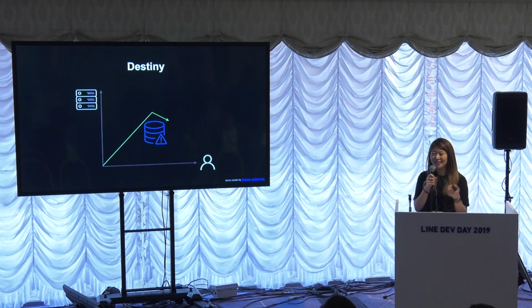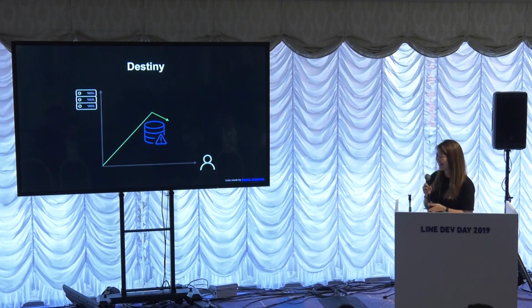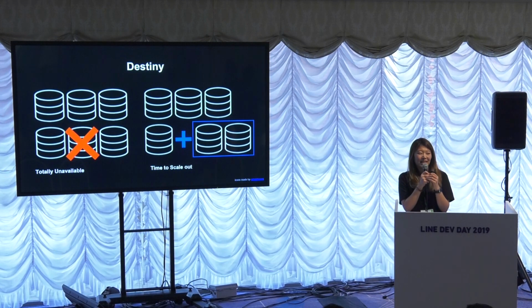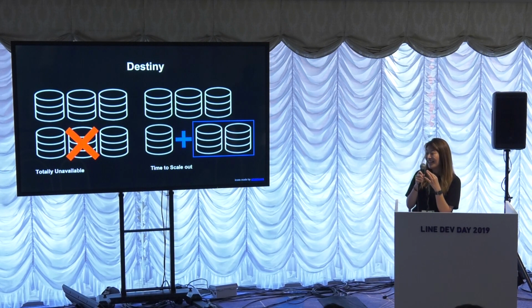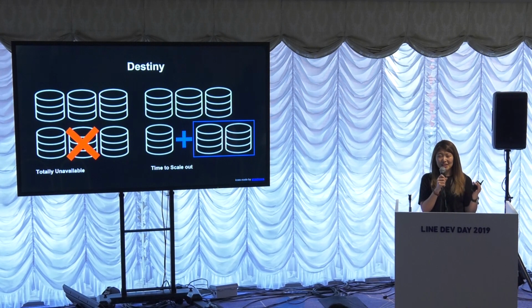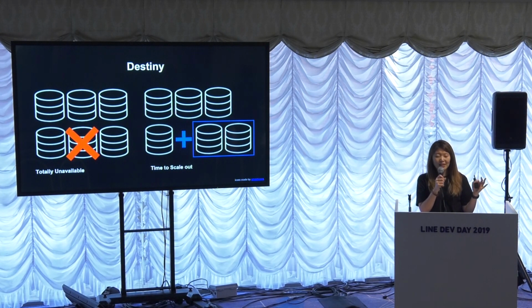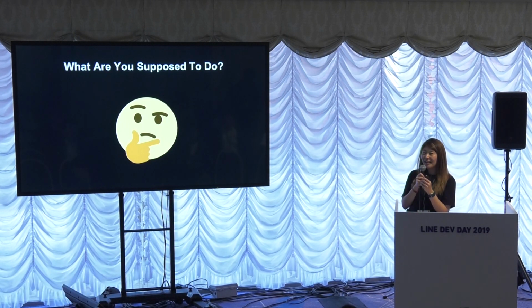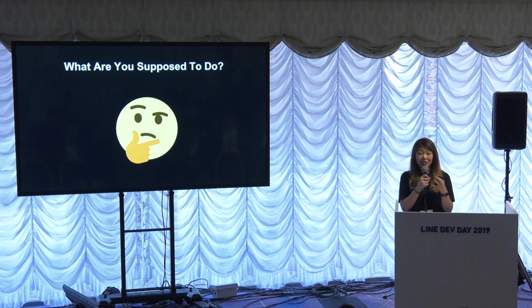I want to call it the database outage. There are several instances of database outage. The first is that sometimes one of your storages becomes totally unavailable, or you want to add more servers to prevent that case. So what are you supposed to do?